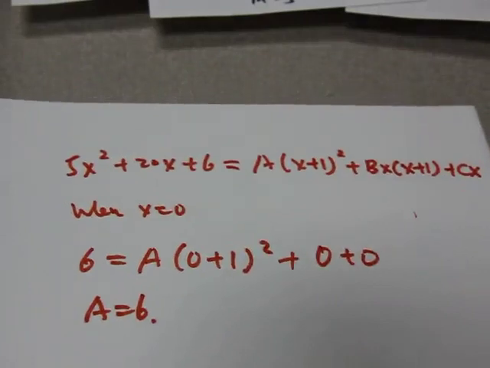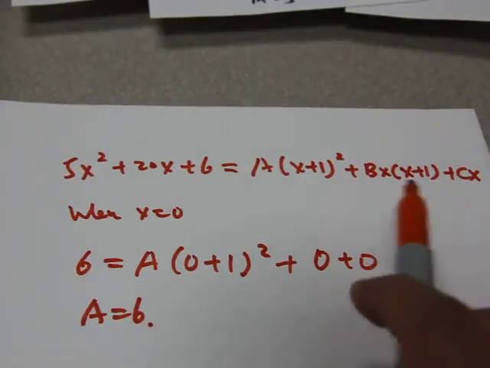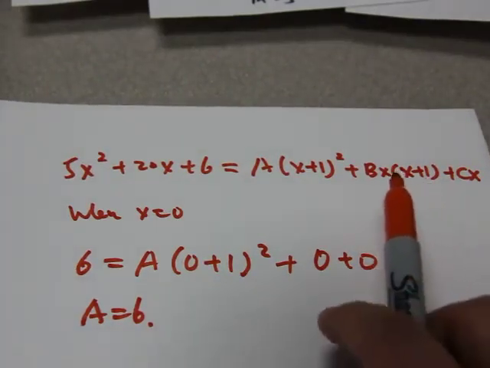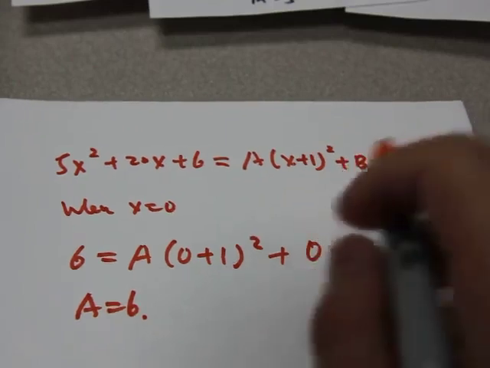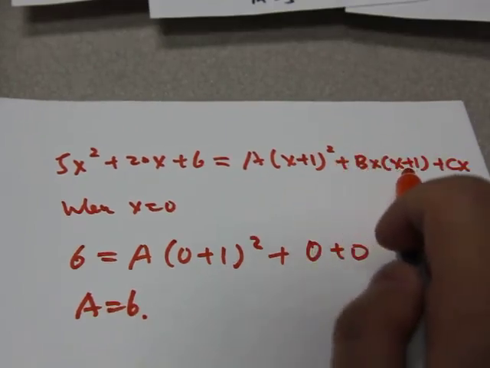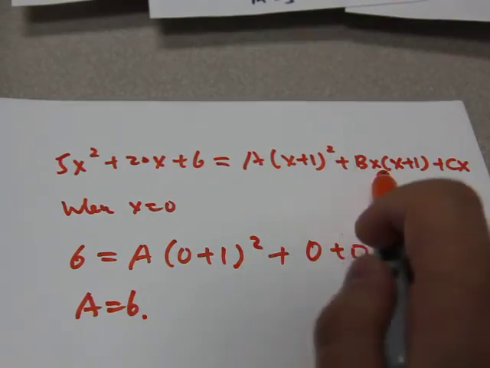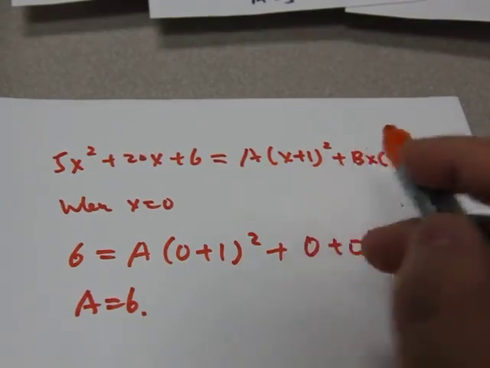And then next, if we let x be negative 1, then the A and B terms will be 0.